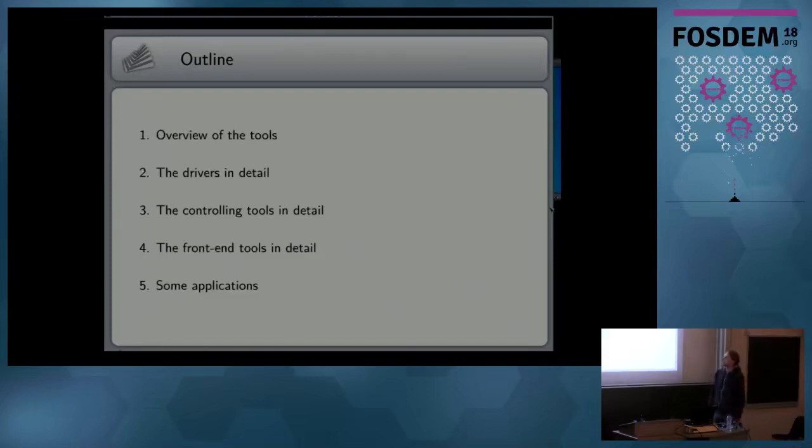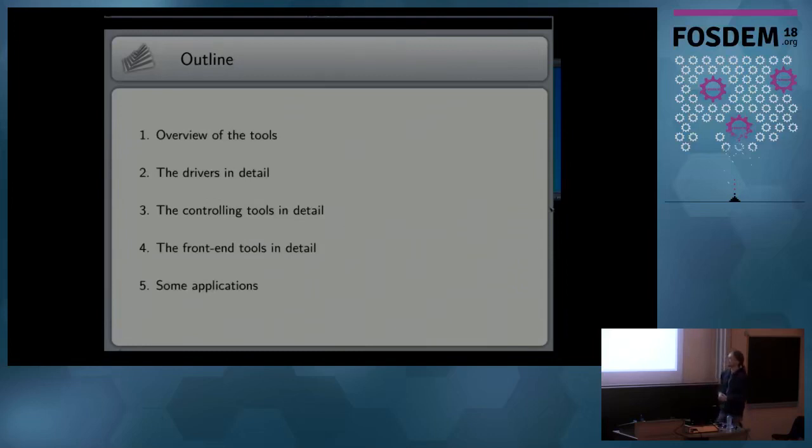The first chapter will be a big picture about all the components, and then we will orient ourselves in this picture through the other chapters. The first is about the drivers that we have, and then about the controlling tools, say tools that are used as interception tools for the networking session that we have on top of the drivers.